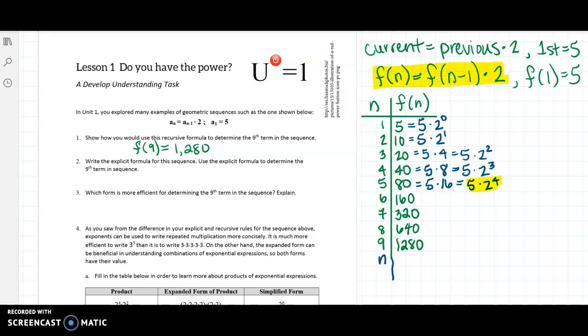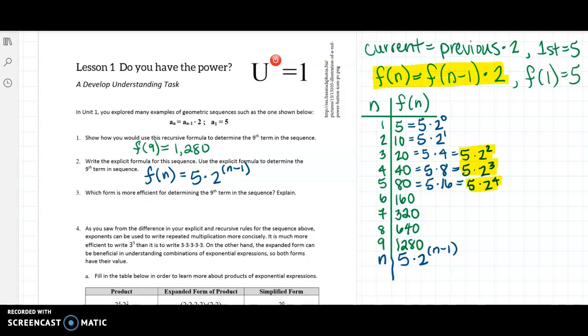Looking at the pattern here, I can see that I'm multiplying 5 times 2 to the power of n minus 1. So for my explicit formula, f of n equals 5 times 2 to the power of n minus 1.